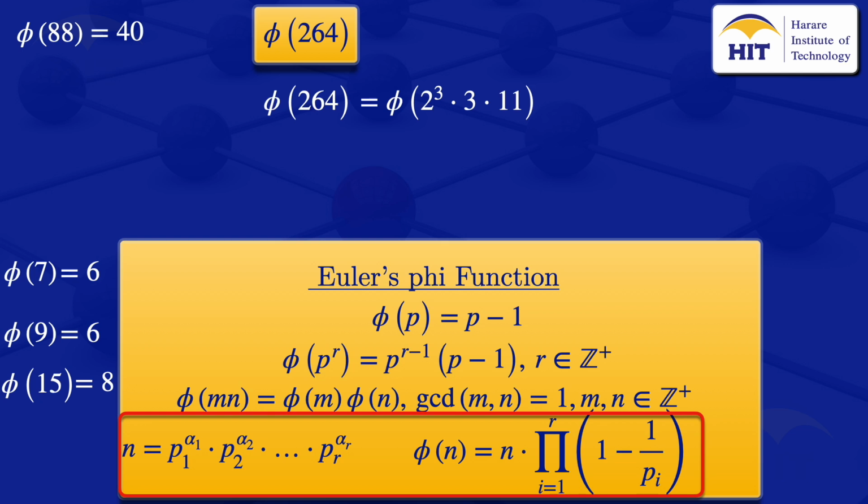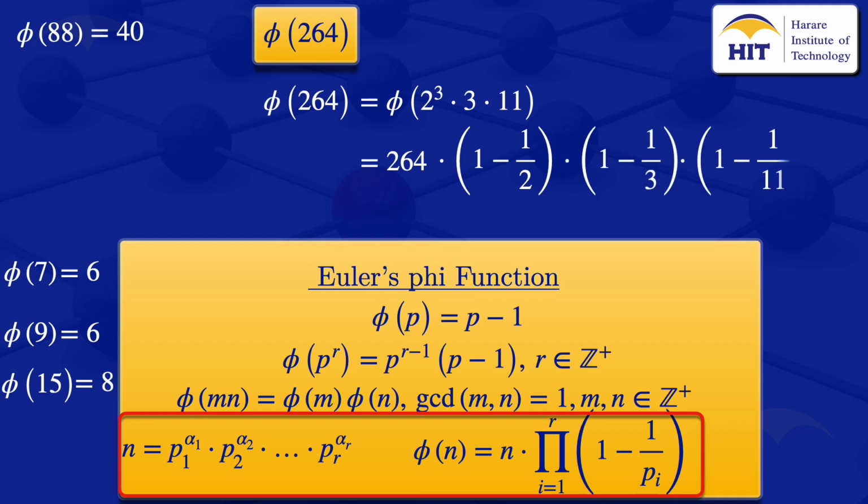Then 3 is just to the power 1, so our alpha 2 is 1. And 11 is just 11 to the power 1, so our alpha 3 is equal to 1. Using this formula, phi of n, where n is 264, we have 264 multiplied by 1 minus 1 divided by the first prime, then multiplied by 1 minus 1 divided by the second prime, multiplied by 1 minus 1 divided by the third prime number, the 11. And when you simplify that, we get 80.